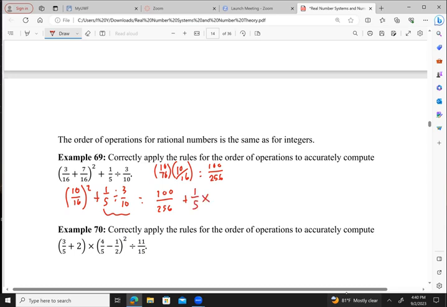I change it to multiplication, do my reciprocal, and there I am. Now I can do that multiplication, and I still have my 100 over 256, plus, that's just 10 over 15.